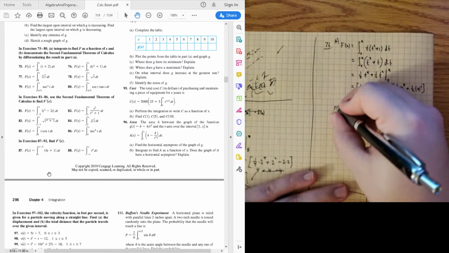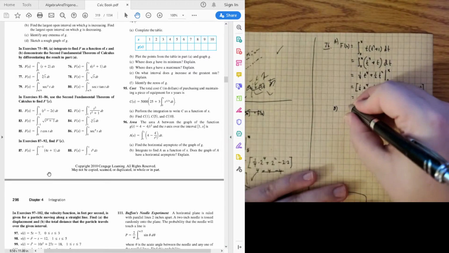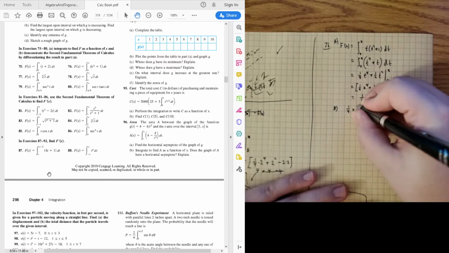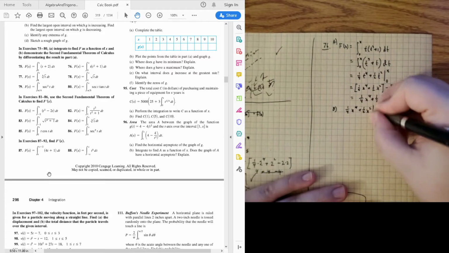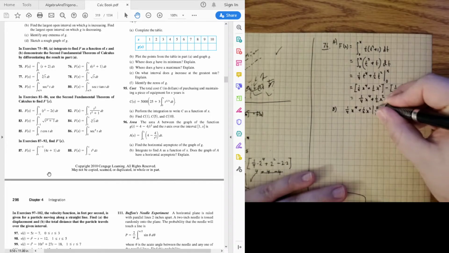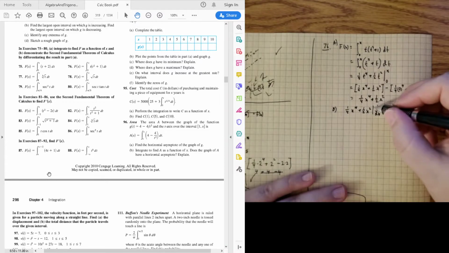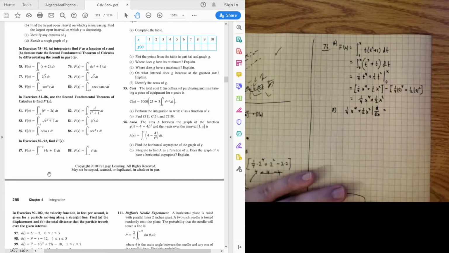How do I do part B? Part B just says, show the second fundamental theorem by differentiating. So I'm going to take this 1/4 x to the 4th plus 1/2 x squared and take the derivative. Notice I have to take the derivative with the new variable because that's the variable in the problem. I can't take it with t because t is gone.